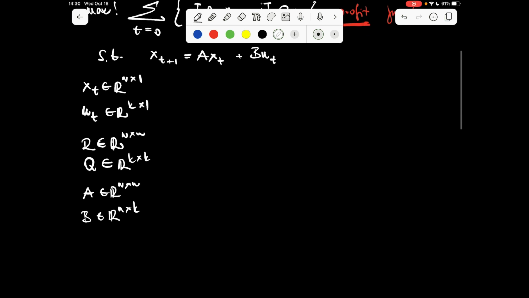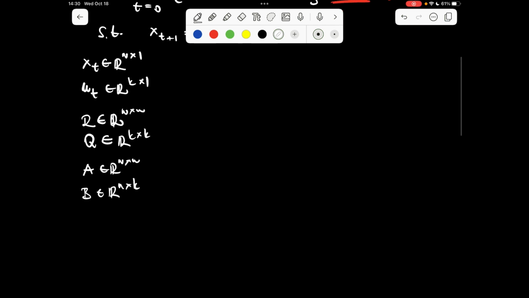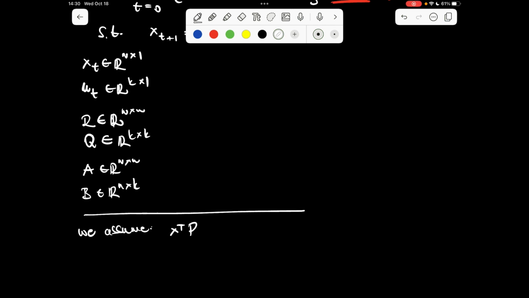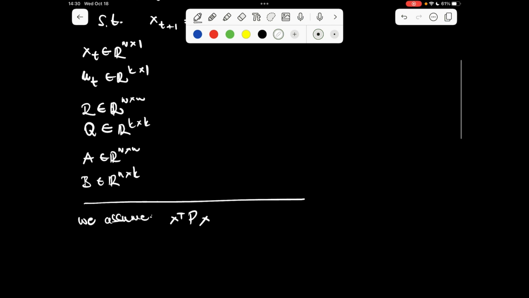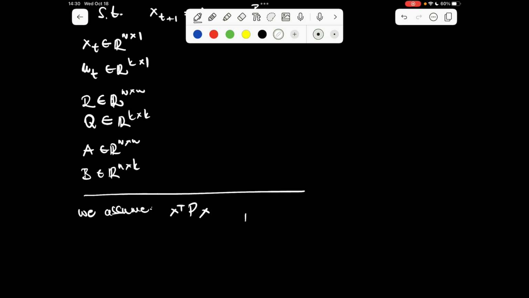Okay, and we assume that the return function, the t in the index refers to the transpose of the state vector, so it looks like this.